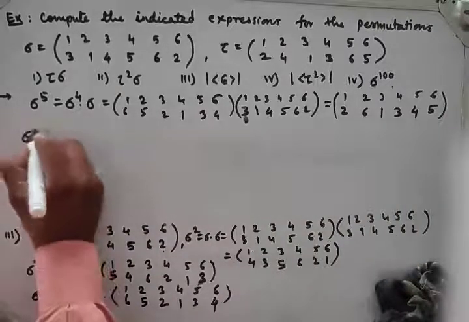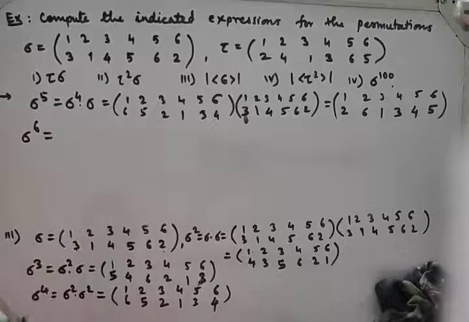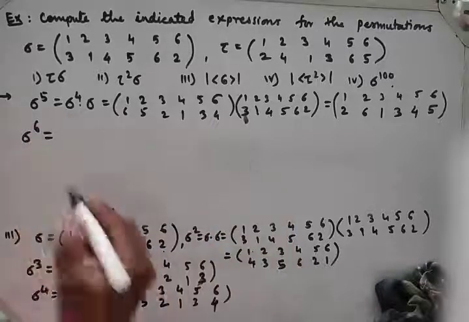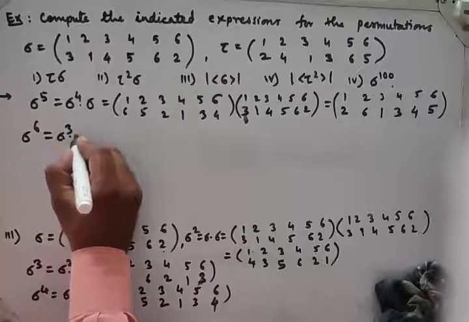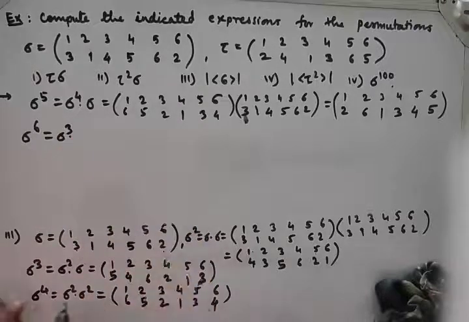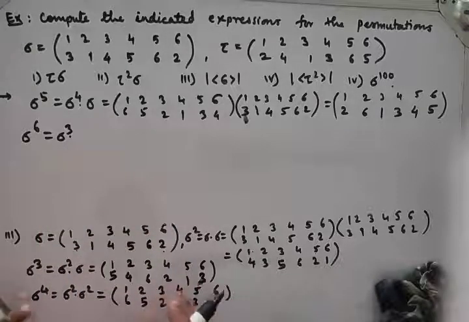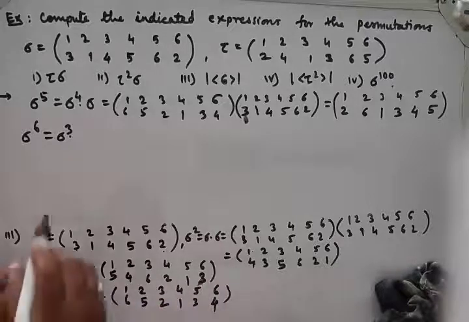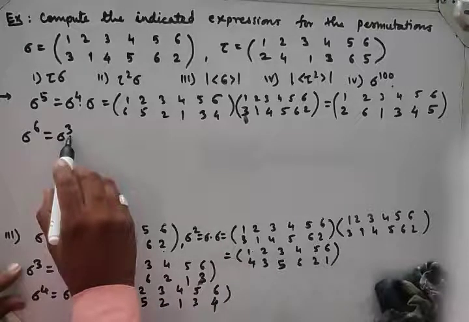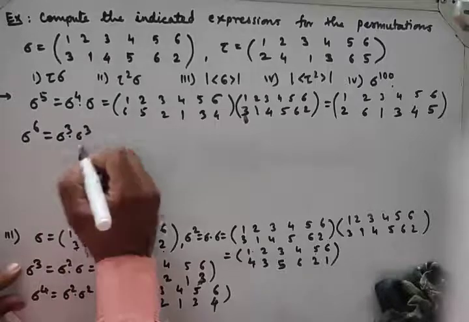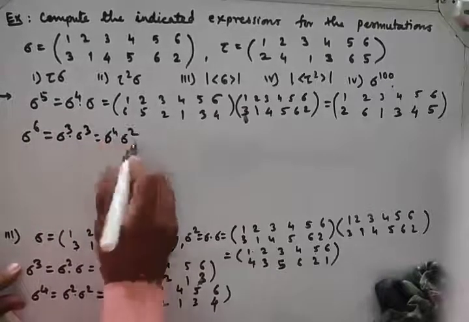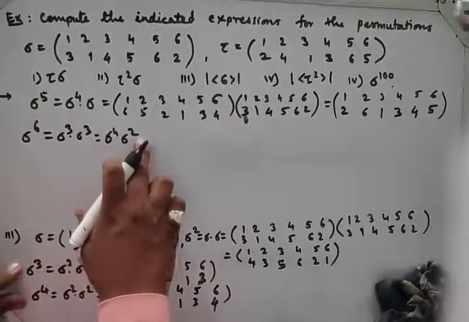Now to find sigma raised to 6, it can be found as sigma cube into sigma cube, or sigma raised to 5 into sigma, or sigma raised to 4 into sigma square, or any operation whose exponents add up to 6.